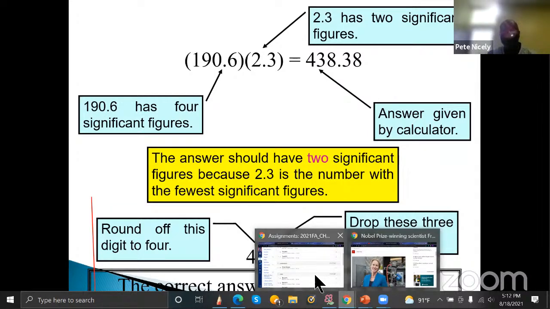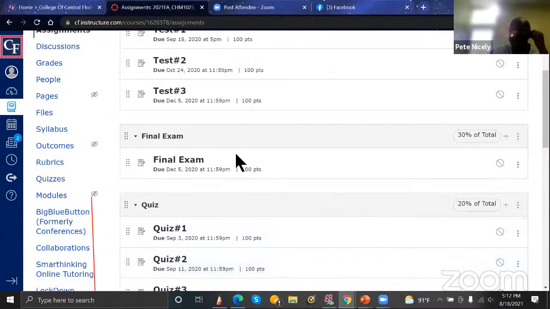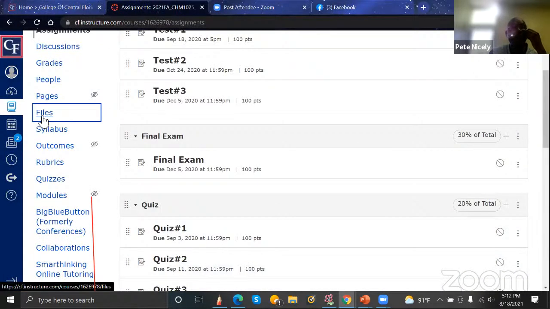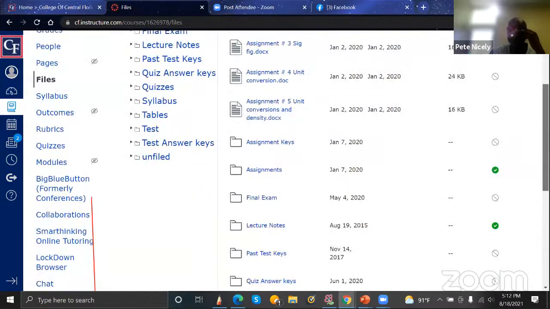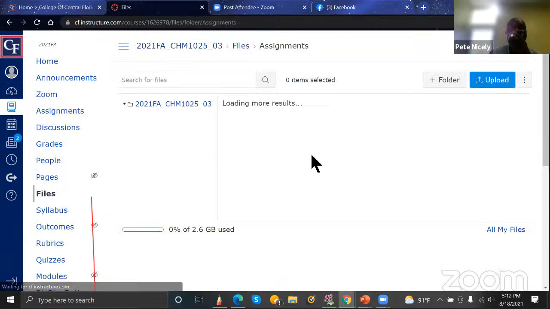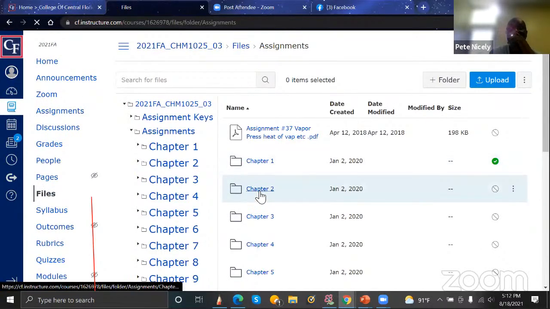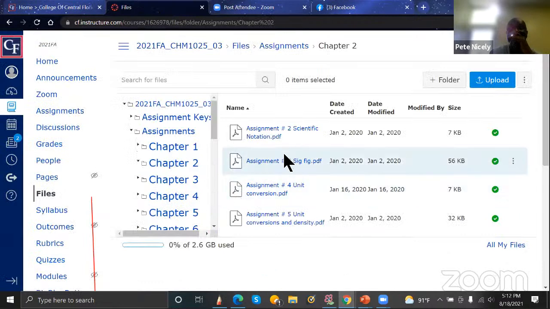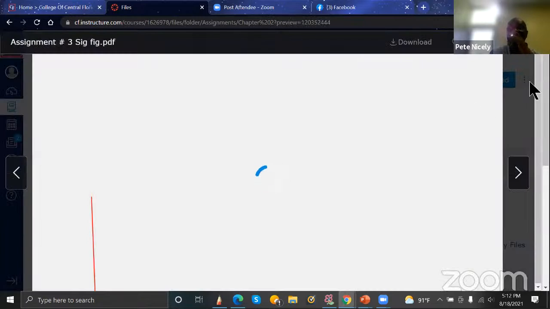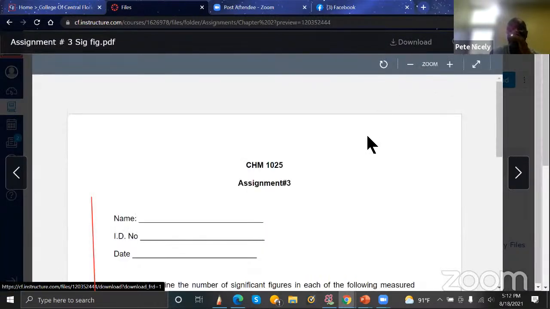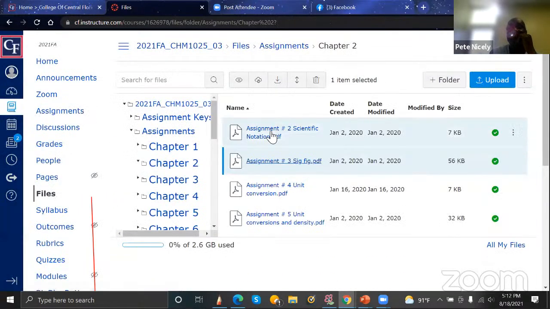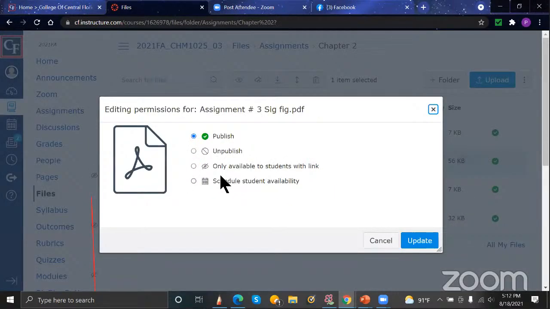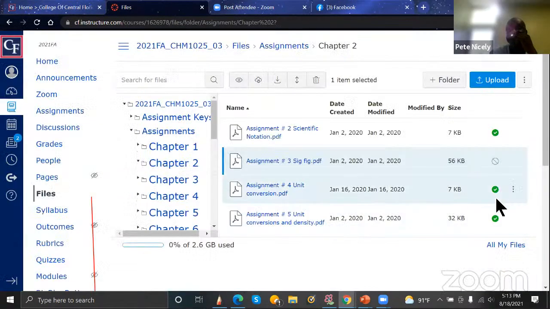Before you guys leave, let me see here. I'm going to publish assignments. Okay, so I published chapter 1. Let me see what's in chapter 2. Let me unpublish these others here.